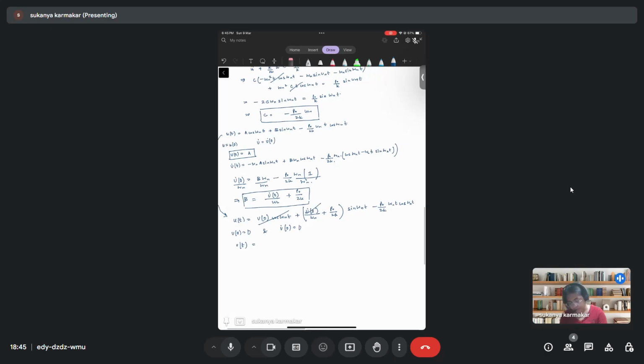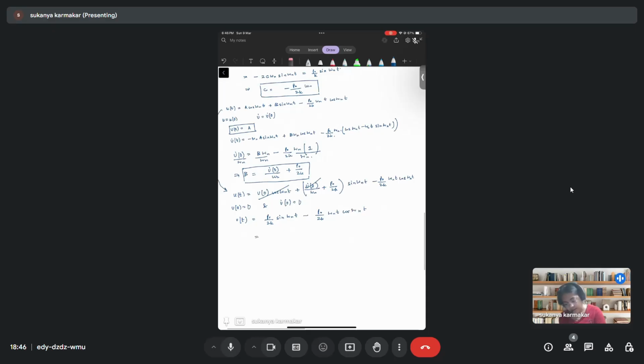So you are left with p naught by 2k sine of omega n t minus p naught by 2k omega n t cos of omega n t. So I can write this as minus 1 by 2 p naught by k, omega n t cos of omega n t minus sine of omega n t, right?